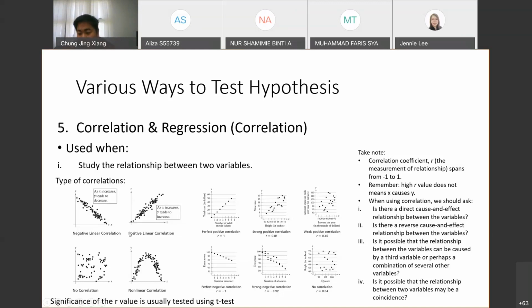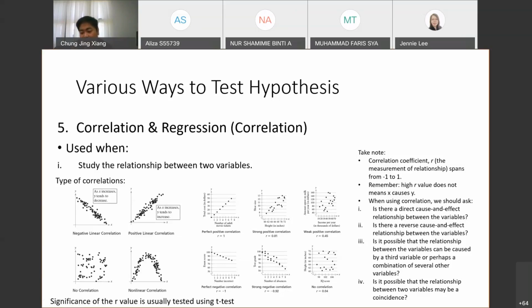For positive linear correlation, it means if X increases, Y will also increase. And another type is no correlation. When you plot X and Y, the data will be scattered around.